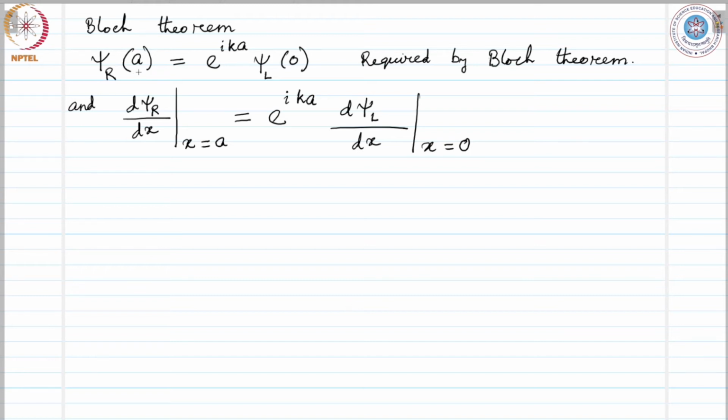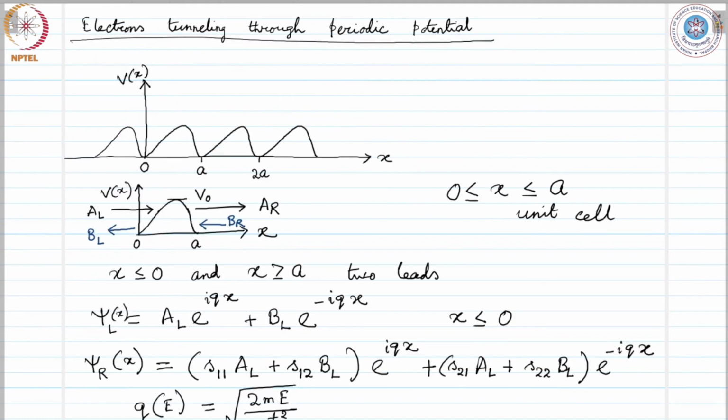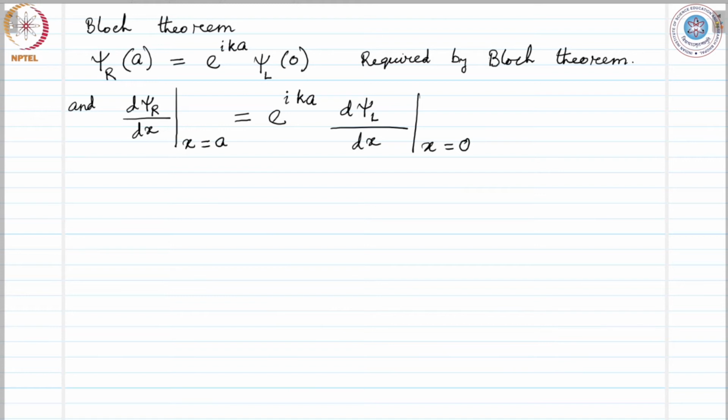Here the value of x is a, here the value of x is 0. We are equating them because of the periodic boundary condition. That means this point and this point are equivalent, and so on. And that notion of equivalence has this kind of a factor e^{ika}, that is something we obtained from the Bloch theorem.